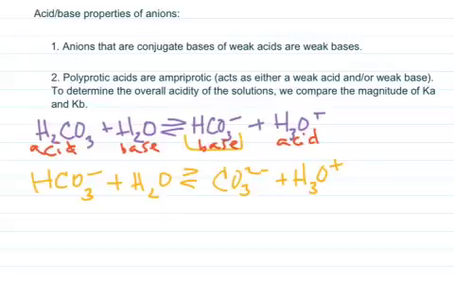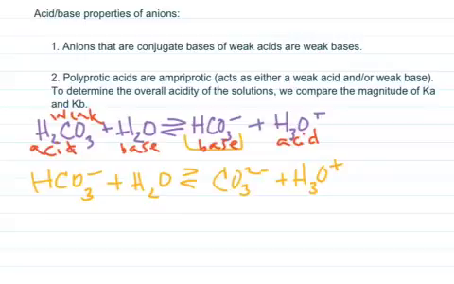Now we know that H2CO3 is weak because it's not one of these strong acids. Now let's look at the second reaction. So now we have HCO3 minus going to CO3 2 minus, the carbonate.